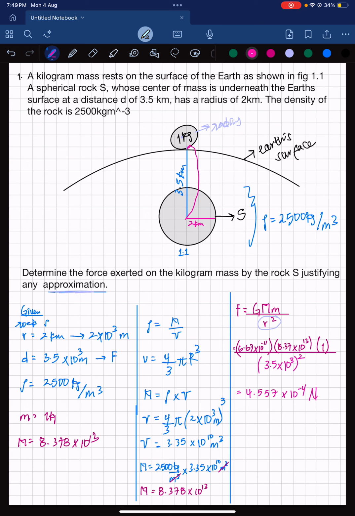They also gave us the density of the spherical rock, and we used that to calculate its mass. And after we got the mass of the spherical rock, we used the formula of Newton's gravitational law, and that's how we got the force.